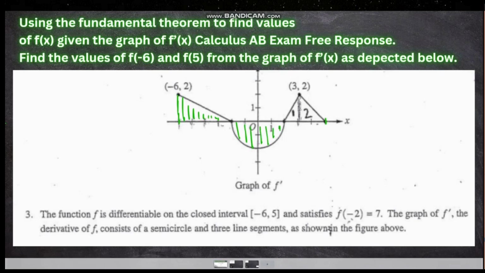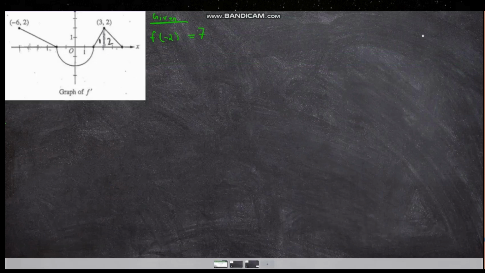And then we're going to consider the semicircle and these two triangles. Keep in mind that your semicircle is definitely going to be a negative value because it is beneath the x-axis, y equals 0. So we need to consider that whenever we set up our net integral here, that we're going to be splitting up the graph of f prime of x, which is going to be our function, of course, that we're integrating.